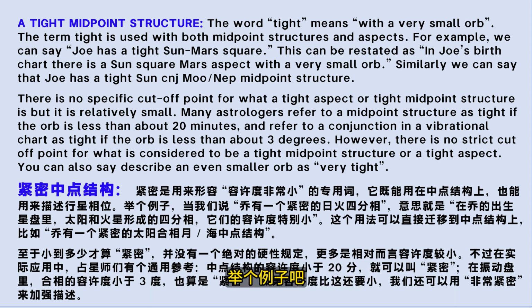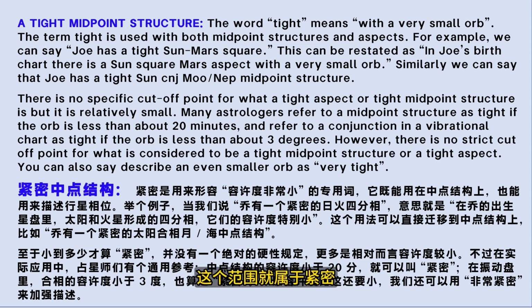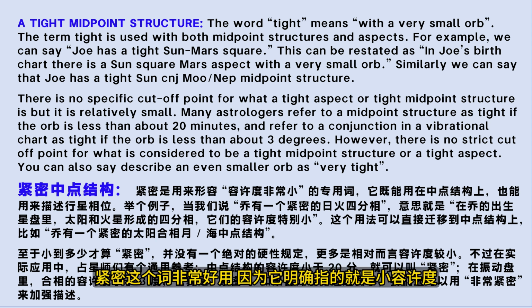What would be an example of a small orb? I would say if you have a midpoint structure with less than about a 20-minute orb, that's tight. Less than a 15 or 20-minute orb. If you have Sun conjunct the Moon Neptune midpoint with less than a 15 or 20-minute orb, something in that range, that's tight. Tight is a nice word to use because it specifically means small orb.